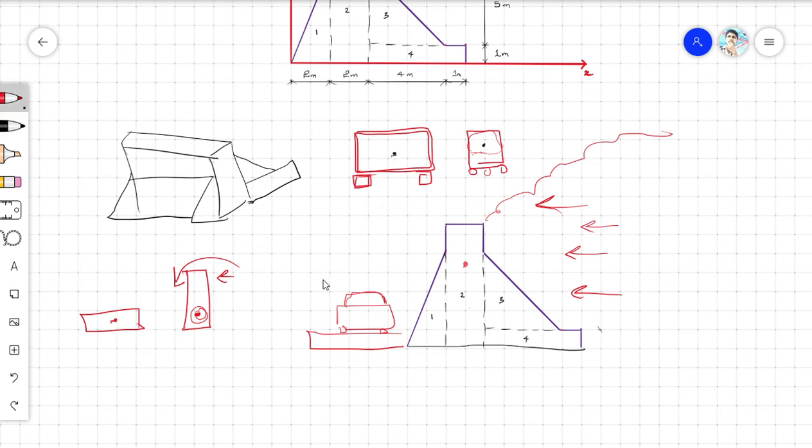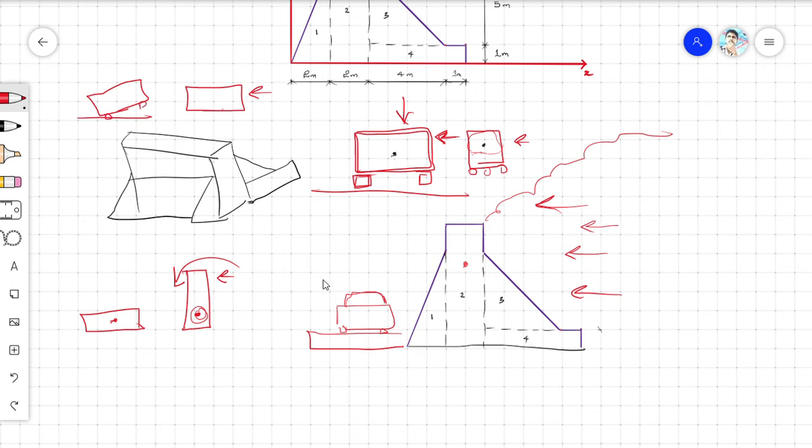Whenever there is a lateral load, I'm talking about the lateral load, not the gravity load. Gravity load is something like this, perpendicular to the surface, and this is the horizontal or lateral load. Whenever there is a lateral load, for that kind of vehicle the overturning effect is very less.